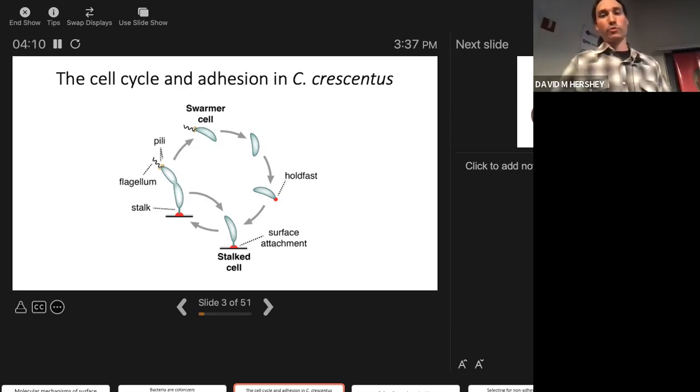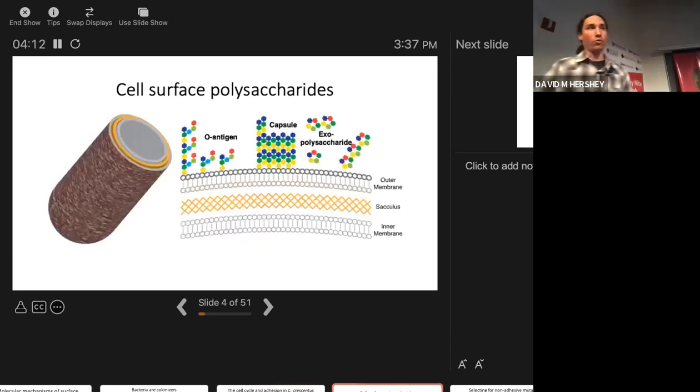We knew from a few genetic studies that the holdfast was a polysaccharide, a specific type called a cell surface polysaccharide. These are incredibly widespread in bacteria. Basically, all bacteria decorate their cell envelopes with these specialized carbohydrates, which make up the outermost layer of the cell. When we think about surface contact, this is the region of the cell that comes into direct contact with other objects in the environment.